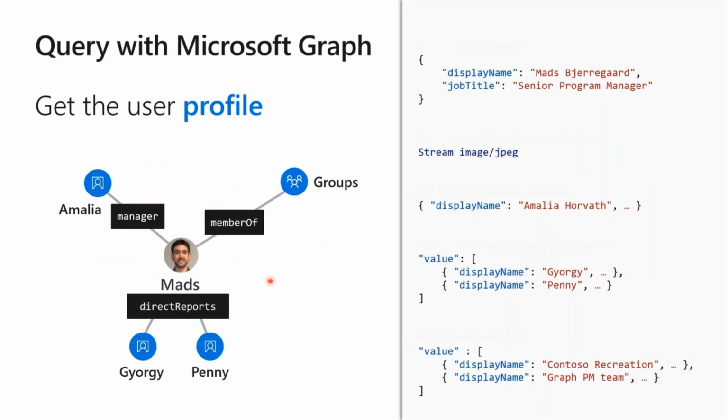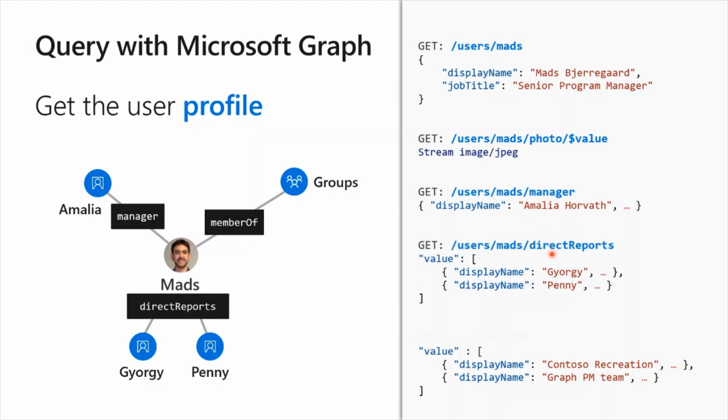Query with Microsoft Graph. Get the user profile. Let's say you want to get the user profile, users me, and then you want to get the information. Then you just simply say users, and then you just get the user. Then you get the user photo. Then you say users manager, and then you say direct reports, member of.